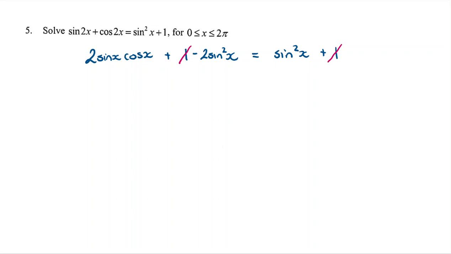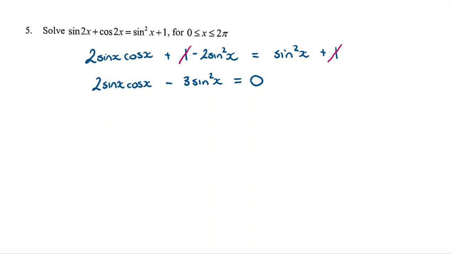Let's move the sine squared x on the right across. So we have 2 sine x cos x minus 3 sine squared x is equal to 0. Okay, so I got rid of the double angles, but I've still got a squared in there, but that's okay because I have a common factor in there, don't I?